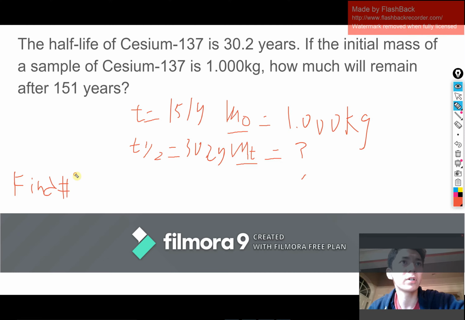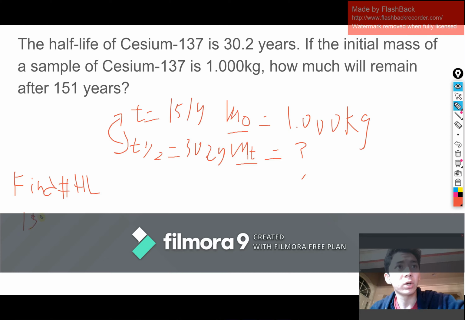The second step is to find the number of half-lives. The way we do that is to find the variable that we have two values for, which in this case is our time variables. To find the number of half-lives, you simply take the total time and divide it by the half-life.